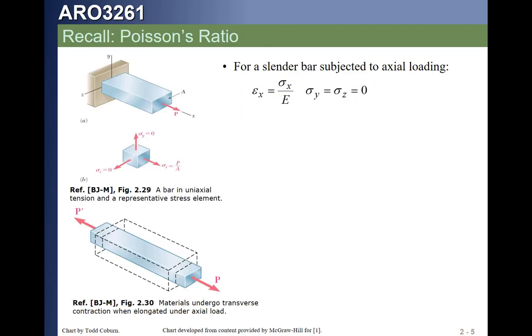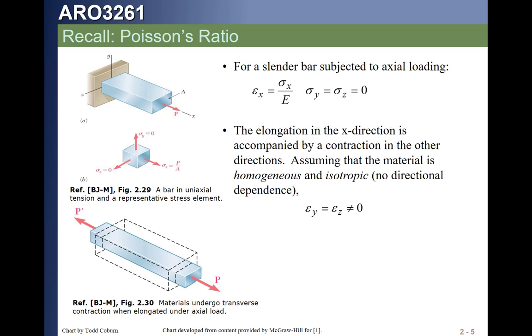We also learned about Poisson's ratio. Since the strain is still simply stress over modulus, and although we have no stress on the perpendicular faces in this axial load case, we saw that we got a strain that is proportional to the normal strains based on Poisson's ratio.